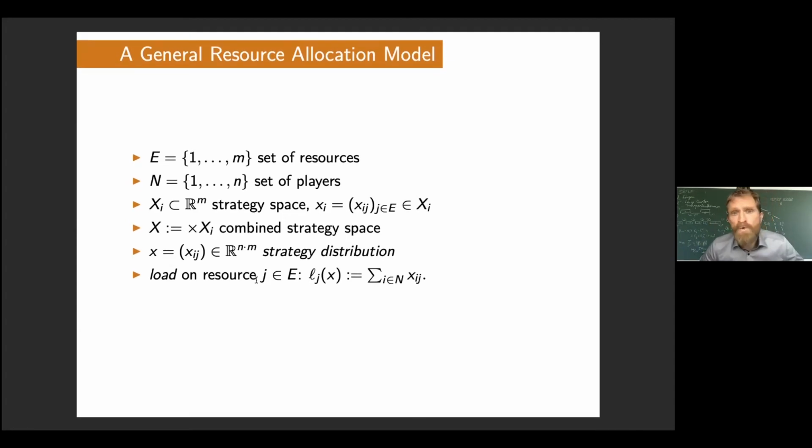So the load on a resource j is just, okay, we sum up the strategy of all players and ask, how much do they consume of this resource j? This is it. But keep in mind, Xij may be positive or may also be negative. We allow also for negative consumption of resources. This is not excluded a priori. Okay, this is the model, not more.